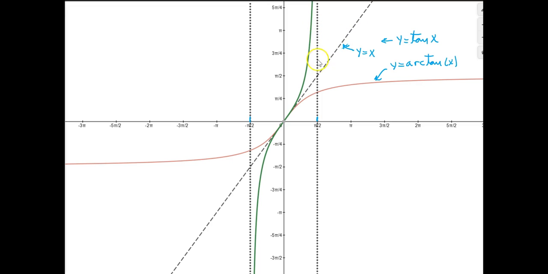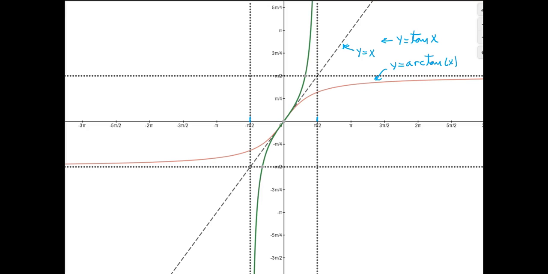If I were to flip these vertical asymptotes around the line y equals x as well, this is what we would get. So you see how those vertical asymptotes became horizontal asymptotes. And notice that the arctangent function, as x goes to infinity, the arctangent gets infinitely close to the value pi over 2. So that's a very important result.